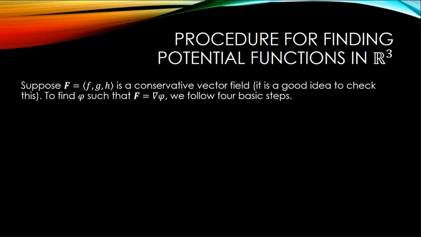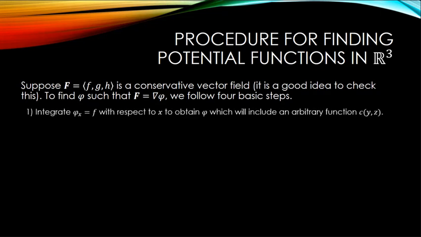So I have a procedure for finding potential functions in R3 because they can be a little bit tricky to navigate. If I suppose that my vector field is given by a vector with components f, g, h, and I assume that it is a conservative vector field, although it's always a good idea to check this, then if I want to find phi such that f is equal to del phi, we're going to follow 4 basic steps.